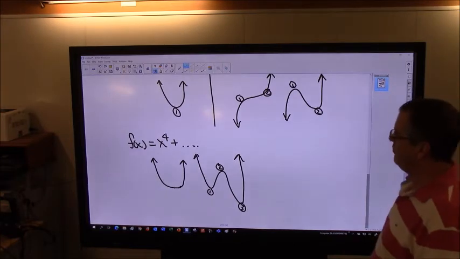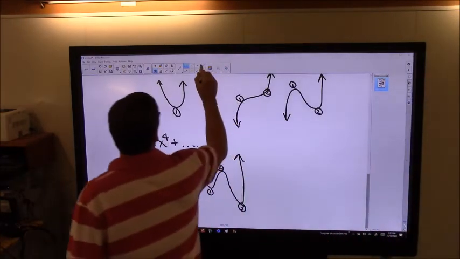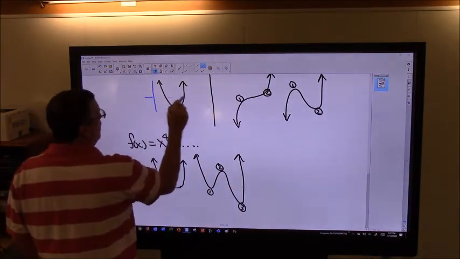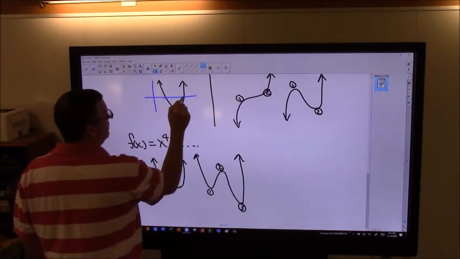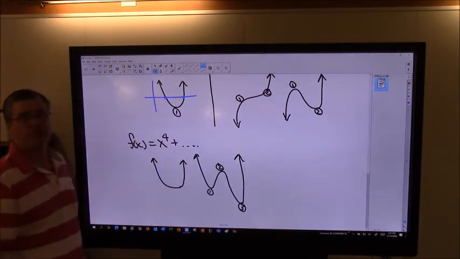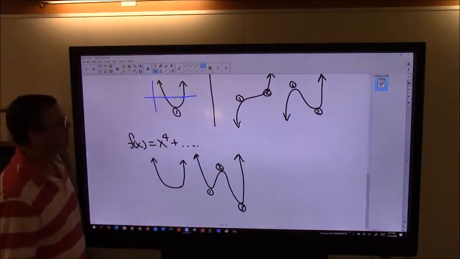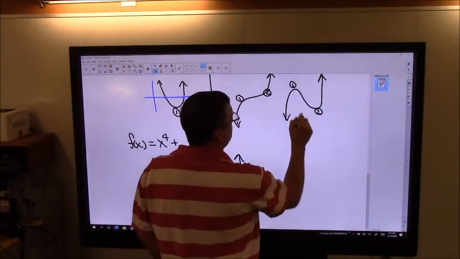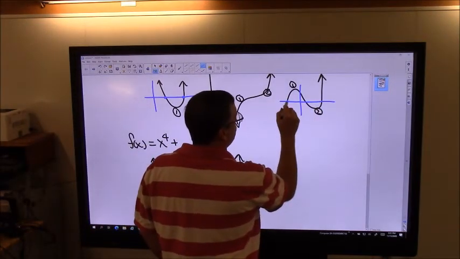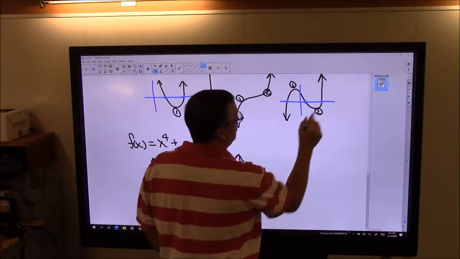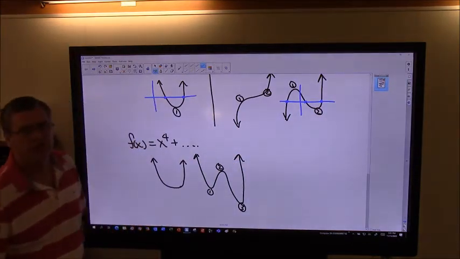What else do we have to help us graph? Well, we know how to find x-intercepts, right? Set the function equal to 0 and solve. Or what if I had something like this? There's 1, 2, 3 x-intercepts.